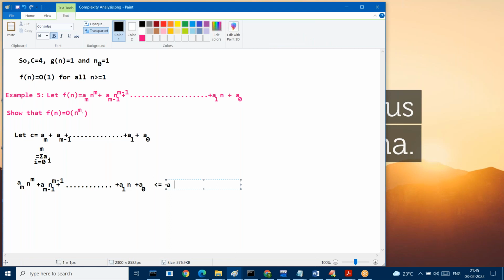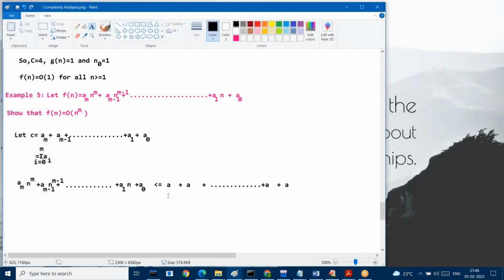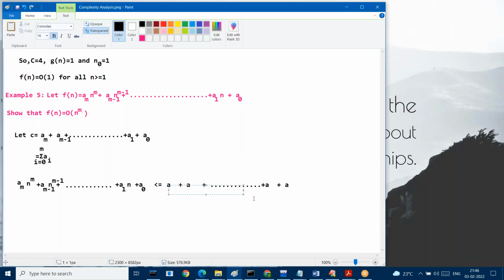You know that am plus am minus 1 plus a1 plus a0. These are the constants, you know that. What is the first one? am. This will be m minus 1. This is a1, this is a0.